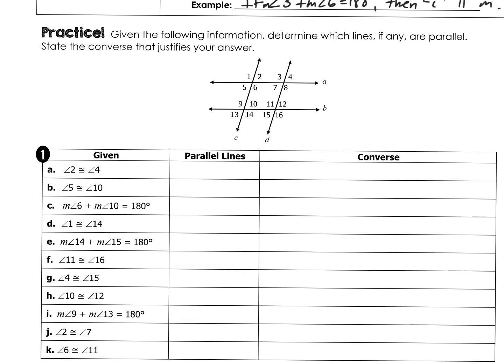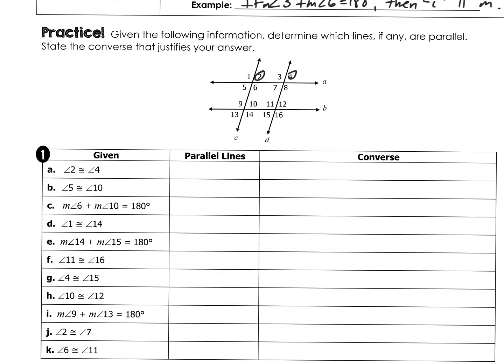Okay, so here we go. Practice. Given the following information, determine which lines, if any, are parallel. State the converse that justifies your answer. Okay, so let's go ahead and get started. Part A, angle 2 and angle 4.